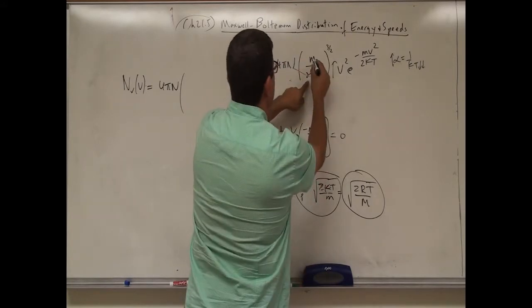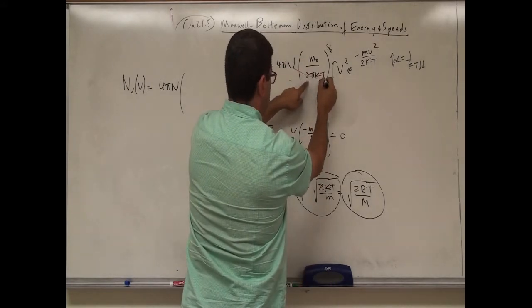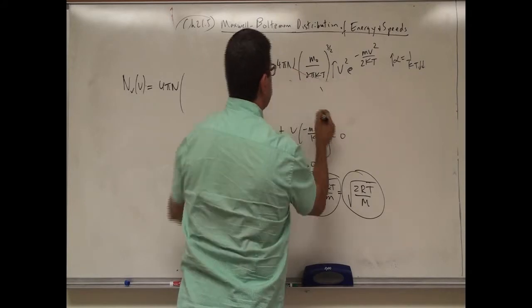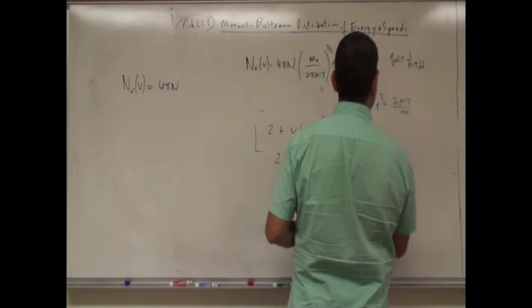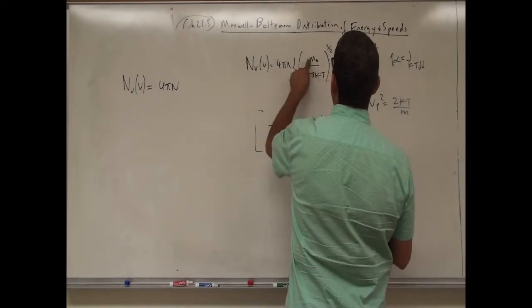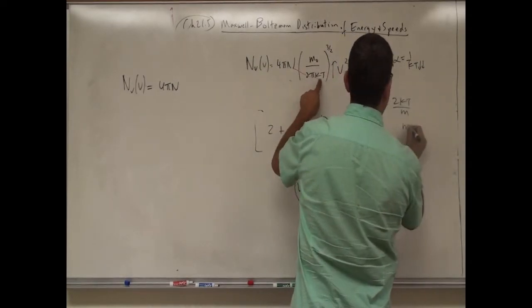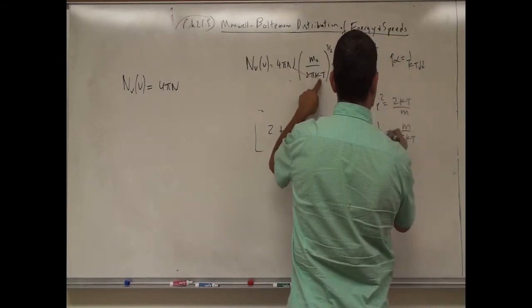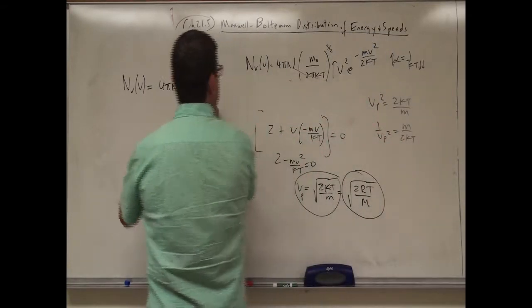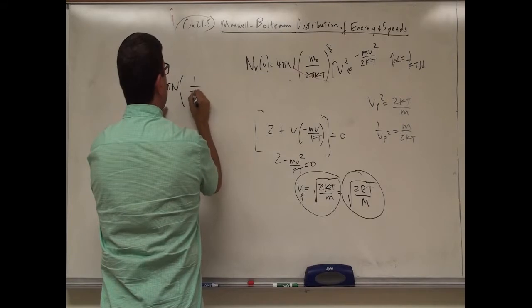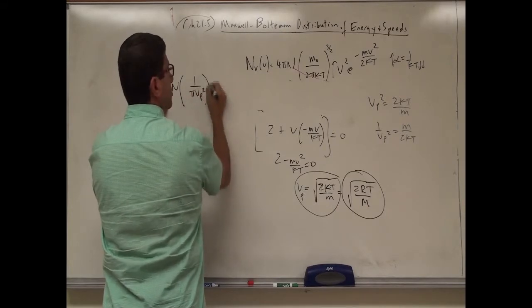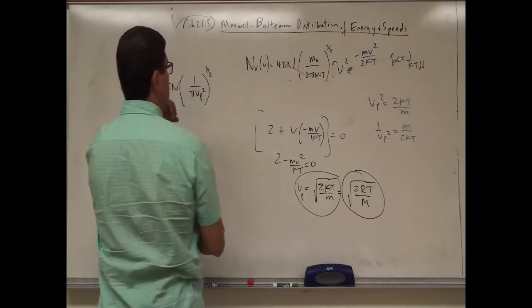You see? m over 2kt, that's going to be what? Vp squared is equal to 2kt over m. So when you see m over 2kt, that's going to be 1 over Vp squared, right? So then we can say here m over 2kt, that's going to be 1 over pi Vp squared to the 3/2 power, right?